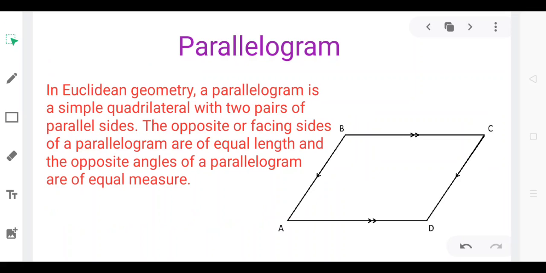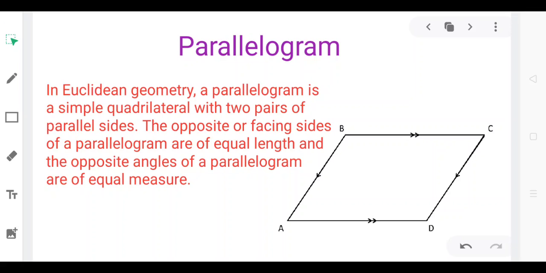Now let us learn the brother of the rectangle, and he is the parallelogram. It is the same as a rectangle, but the difference between a parallelogram and a rectangle is that a rectangle has 90 degree angles, but here we don't have any angle of 90 degrees. So in Euclidean geometry, a parallelogram is a simple quadrilateral with two pairs of parallel sides.